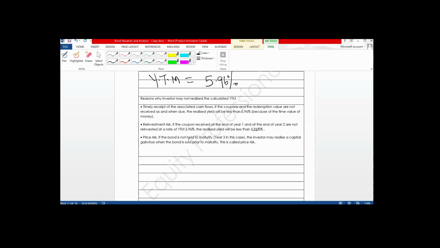Failure to reinvest your coupon cash flow at the rate of the YTM, then the investor will not realize the calculated YTM. Number 3 is price risk. If the bond is not held to maturity, that is 3 years, the investor may realize a capital gain or loss when the bond is sold prior to maturity.